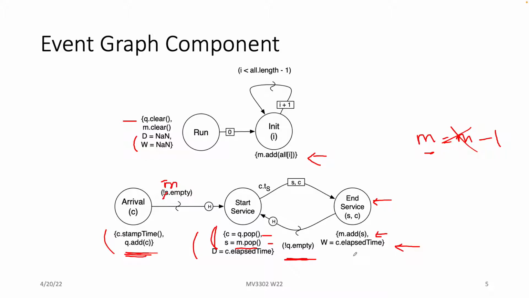But now we need to add that machine, that server, back into the container of available servers. If we did not pass the server, we would not be able to perform this state transition because we wouldn't know what S is. So you need to tell it. And likewise, we need to know what customer just finished service in order to compute the time in the system for that customer.